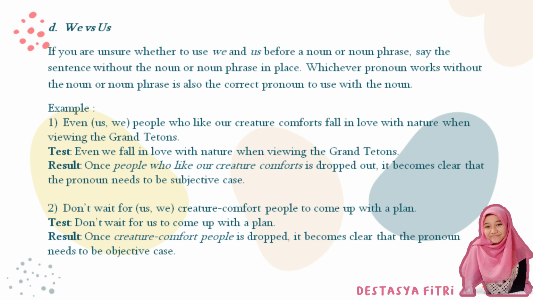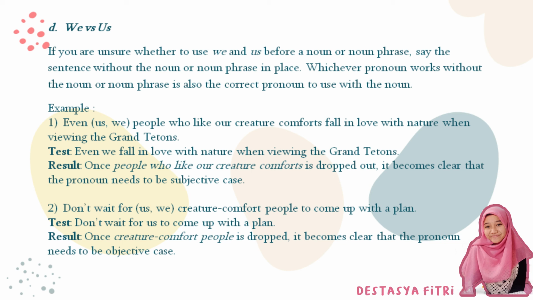Example number 1: even us, people who like our creature comforts, fall in love with nature when viewing the Grand Tetons, or, even we, people who like our creature comforts, fall in love with nature when viewing the Grand Tetons. Thus, even we fall in love with nature when viewing the Grand Tetons. Result: once people who like our creature comforts is dropped out, it becomes clear that the pronoun needs to be subjective case.